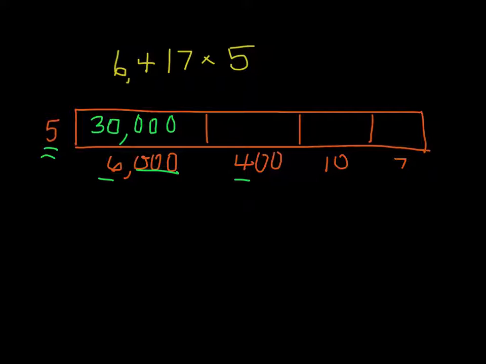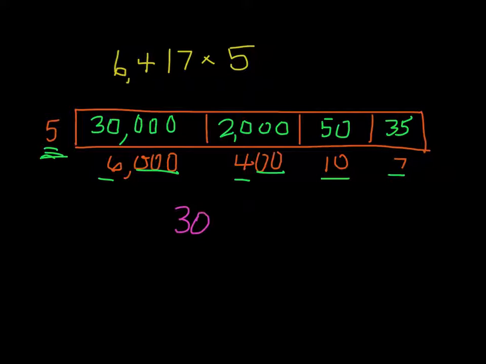5 times 4 is 20. Plus 2 zeros for the 400. So that makes 2,000. 5 times 10 is 50. And 5 times 7 is 35. Those are my partial products. Now I take and add them together to get my final product.